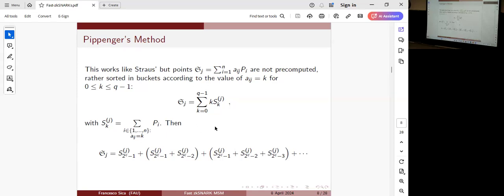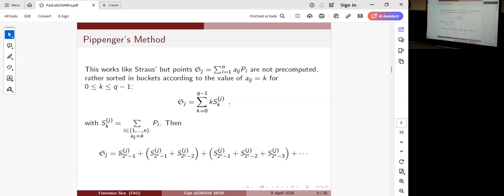And there is a way, basically an Abel summation or partial summation, where you can compute this in this kind of way. So you see here, you sum each time. This sigma_kj, as I was explaining, is the sum of the p_i's corresponding to a single value of the scalar k.